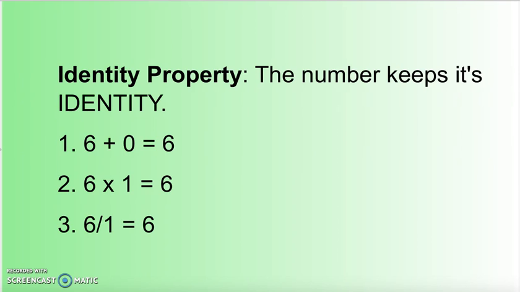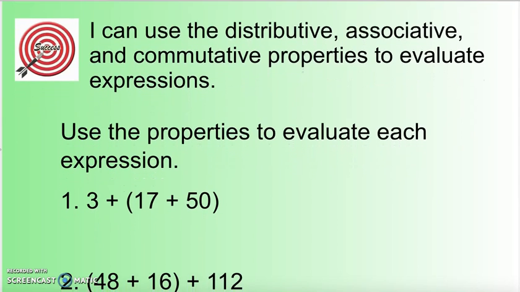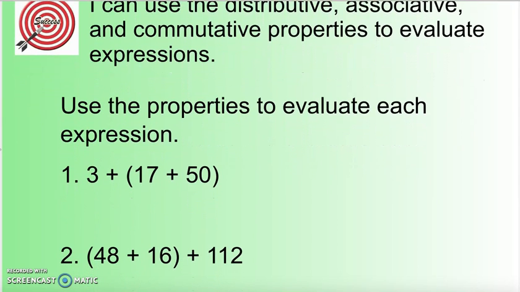Today, we're going to be working on this target, and we are going to be using the different properties to evaluate expressions. And today, you will be able to use all three of them in order to evaluate an expression. And sometimes you use even more than one in a problem, just depending on if you need to switch the order, switch the groups, do both.